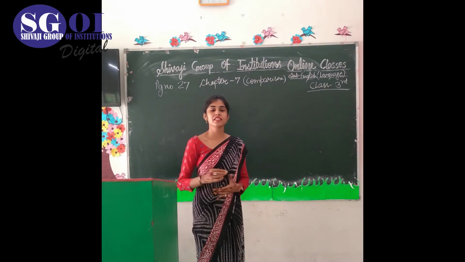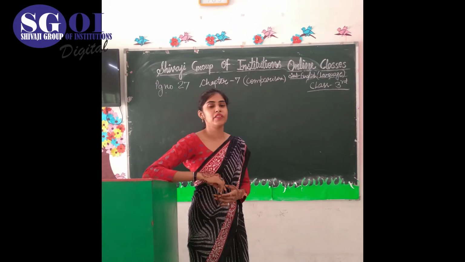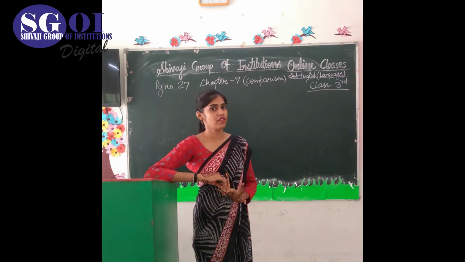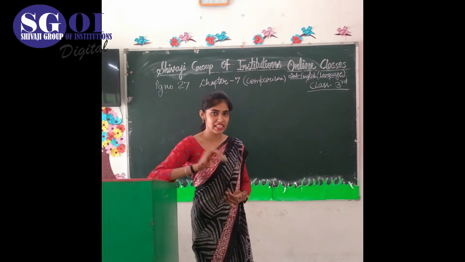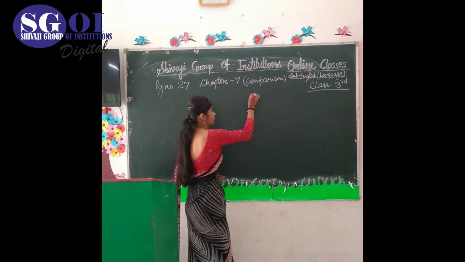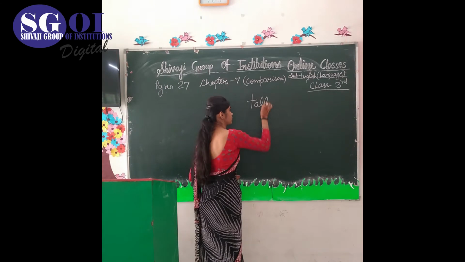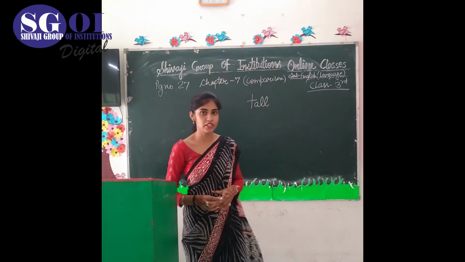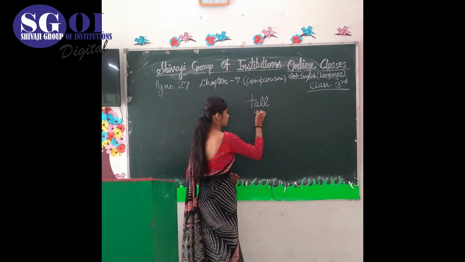You know about adjectives, right? We discussed it in our previous class. The comparison is always there in adjectives. For example, take the word tall. Tall is the positive degree of comparison.